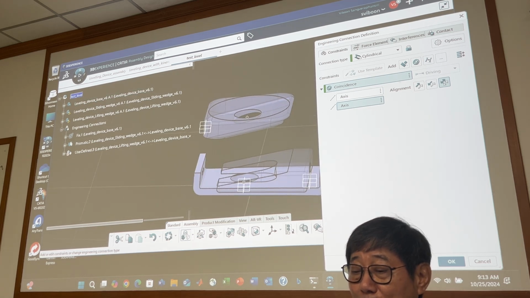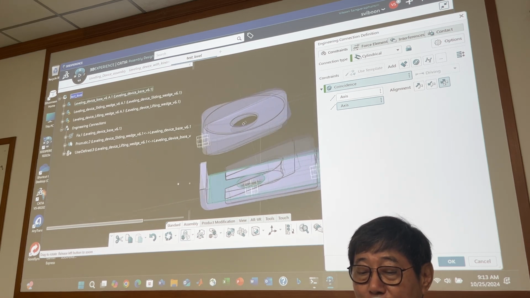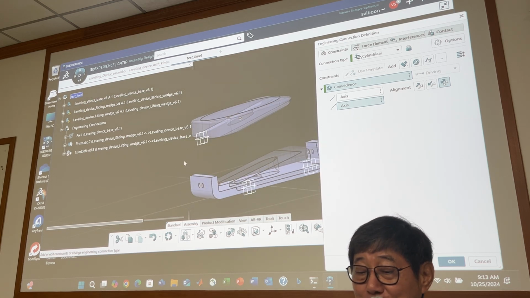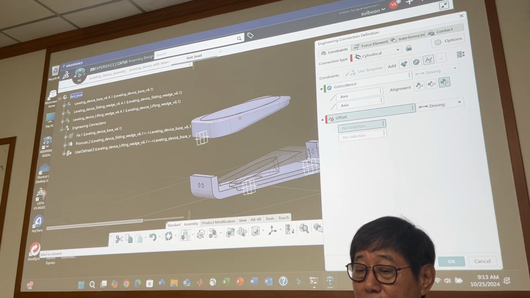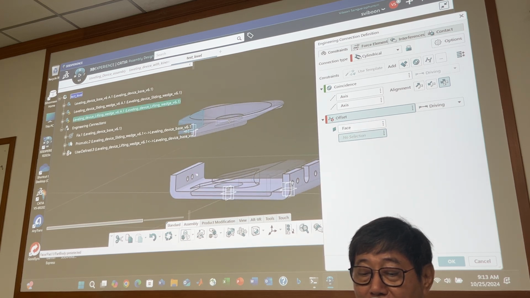I set offset instead of coincident for this one. I already checked this one, and there's an offset, there's a crash there. So let me use offset instead, this plane and this plane.